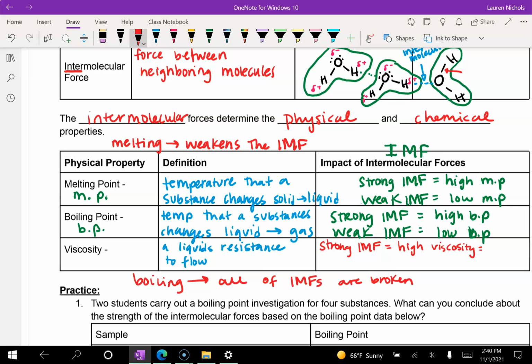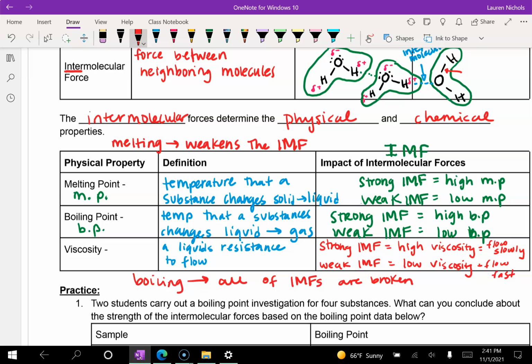And so this means that things flow slowly, okay? So honey, when you try to pour out honey, it's very slow. But if you have weak intermolecular forces, okay, then you're going to have a low viscosity, which means things are going to flow fast.